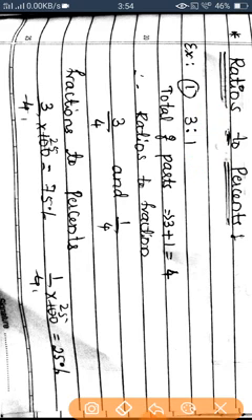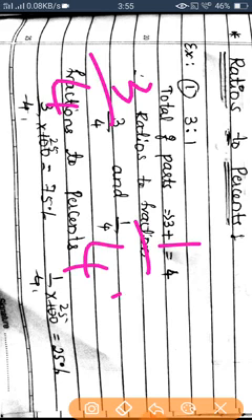So ratios to fractions we have to convert first. So 3 parts we can write as a fraction as 3 by 4, and 1 part we can write as 1 by 4. Why 4? Total parts are 4. So if you want to convert these ratios into percentage, what we have to do, already we have converted ratios to fractions first.